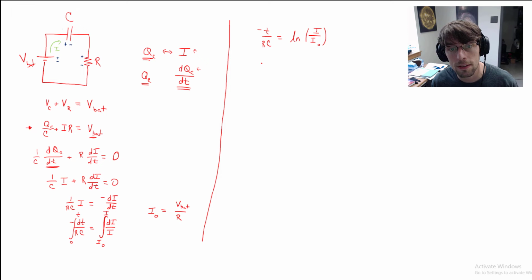And we end up with something that says, hey, I naught times e to the negative t over RC equals I. And we'll go ahead. We'll plug this in right here. V battery, since those are the things that we actually know, over R, e to the negative t over RC.